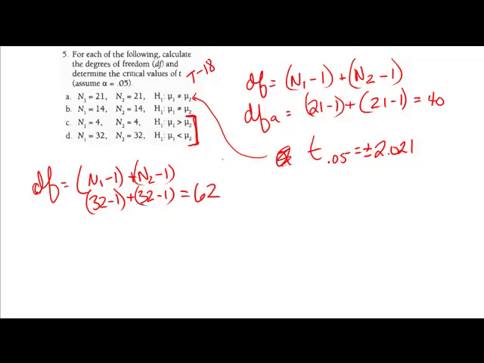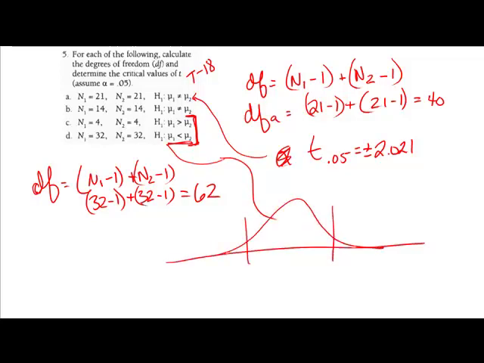Now for our alternative hypothesis here, it's saying mu1 is less than mu2. So we have a directional hypothesis. If mu1 is, let's say, 3 and mu2 is 5, well then the difference between them, 3 minus 5, is going to be a negative 2.